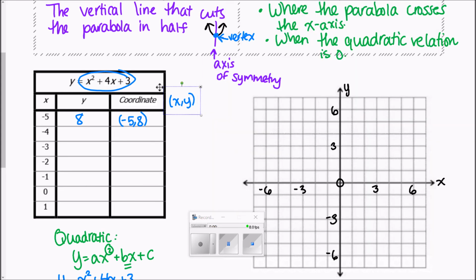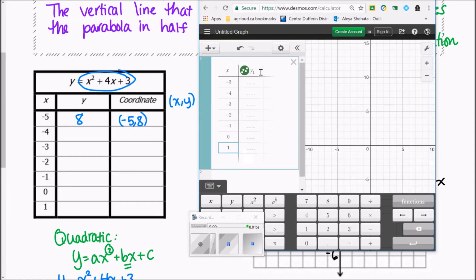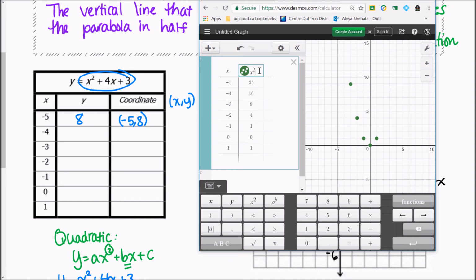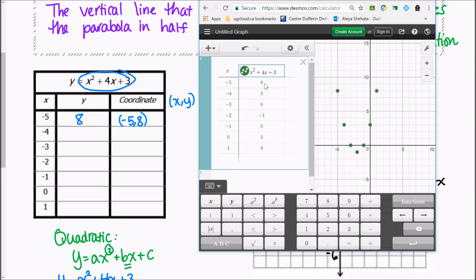Okay, then you're going to type in just this x squared plus 4x plus 3 right here in this section. So we're going to delete this y1, and we're going to type in x, and then we'll put squared right here. Let me minimize this, sorry. Plus 4x plus 3. And if you notice, our first y value that we see here is 8. So it goes 8, 3, 0, -1, 0, 3, 8.